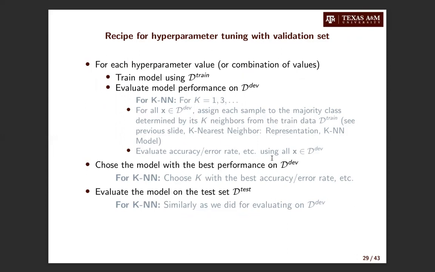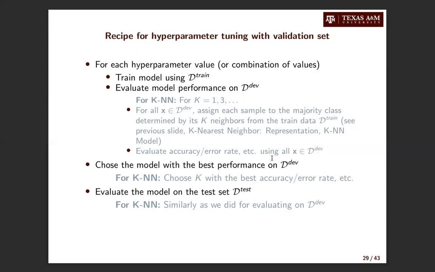So what we can do when we are performing hyperparameter tuning with a validation set is that for each hyperparameter value or a combination of hyperparameter values, we can train our model using our training data. Then we can evaluate the performance of the trained model on the development data.